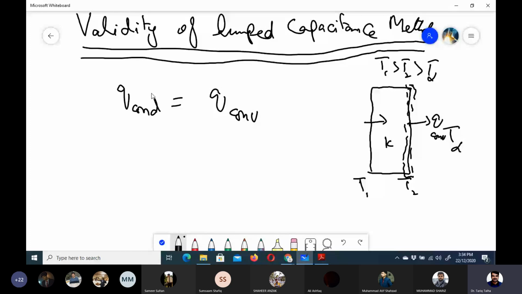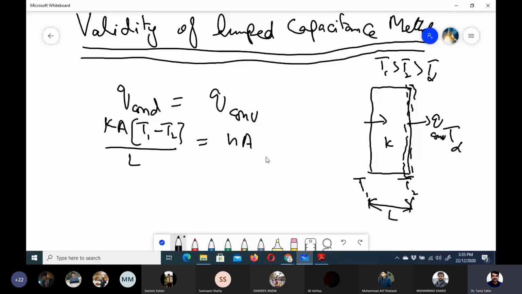If we apply the Fourier law, we can write KA into T1 minus T2 divided by capital L, which is the thickness. And Q convection is equal to HA into T2 minus T infinity. This is the concept from surface energy balance from chapter number 1.